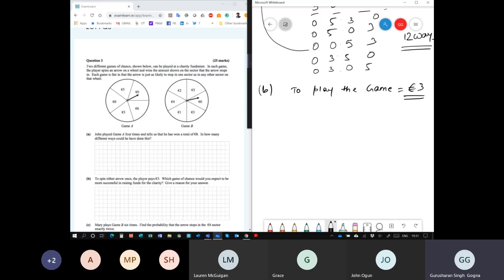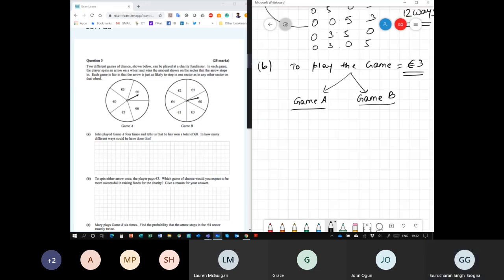Which game of chance would you expect to be more successful in raising funds for the charity? Give a reason for your answer. So which game, A or game B, would be more successful in raising funds for the charity? How will you find out?